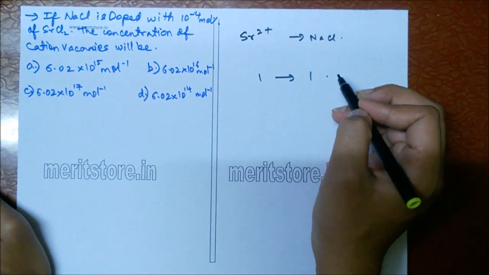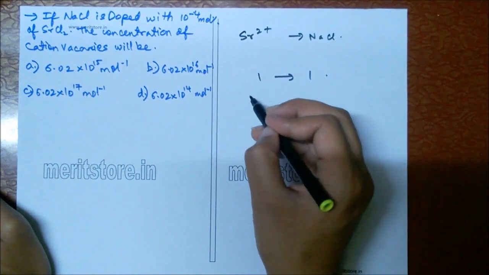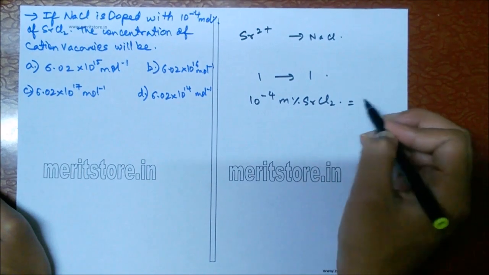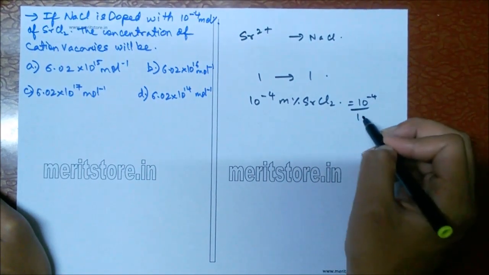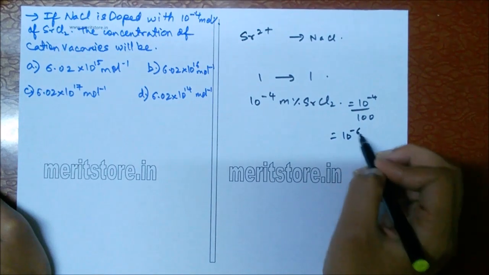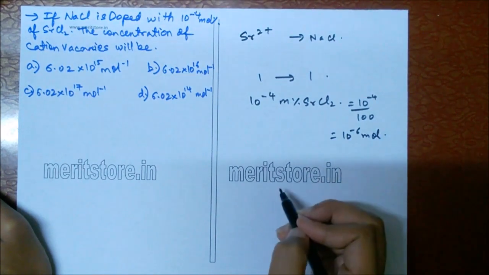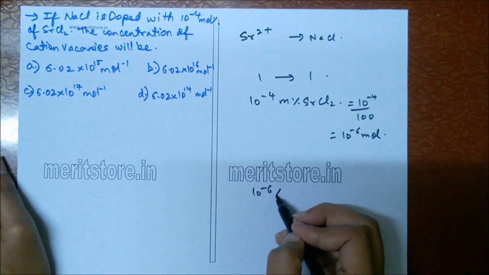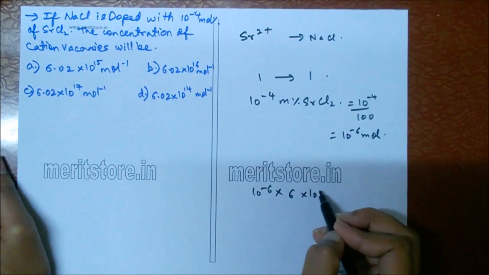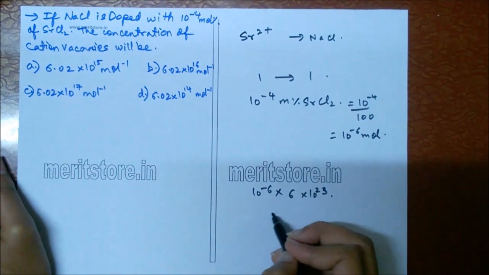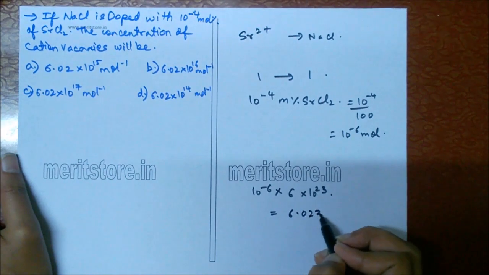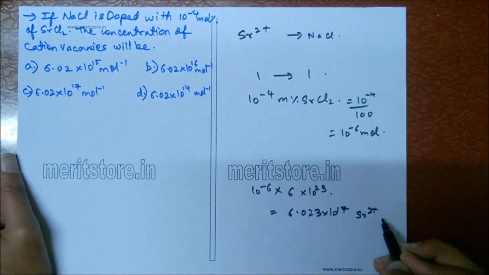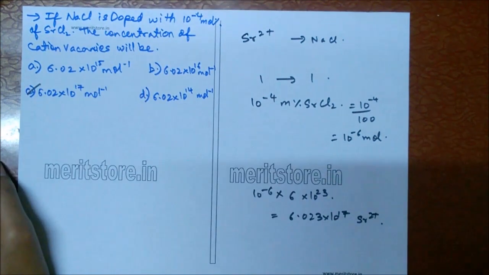The concentration of cation vacancy on being doped with 10 raised to minus 4 mole percent of SrCl2 is equal to 10 raised to minus 4 upon 100, which is equal to 10 raised to minus 6 mole. The number of Sr2+ ions in 10 raised to minus 6 mole is 10 raised to minus 6 into 6 into 10 raised to 23, which is equal to 6.023 into 10 raised to 17 Sr2+ ions. So option C is the correct answer.